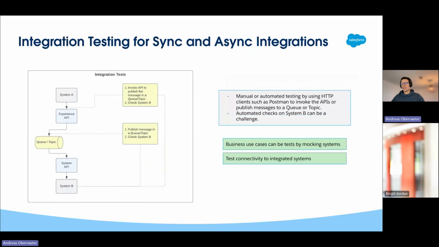And as you can imagine, there are a lot of different flavors on how you can do those integration tests. And I think one of the most important things is that you basically define it like this. So you trigger either experience or the queue, and then you use this one for all the integration tests which you are doing, so that everybody is aligned on what an integration test is at the end.